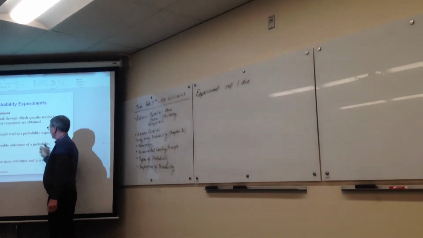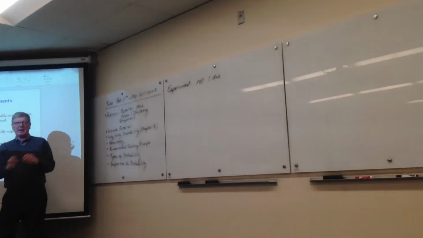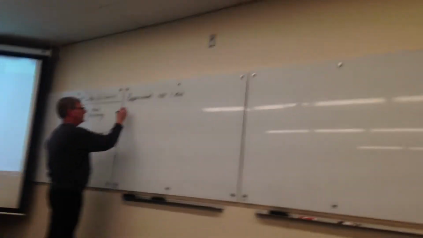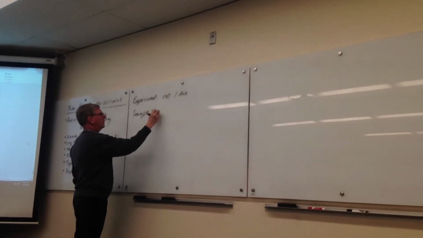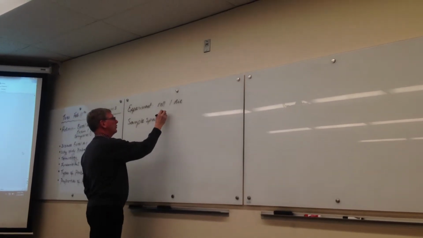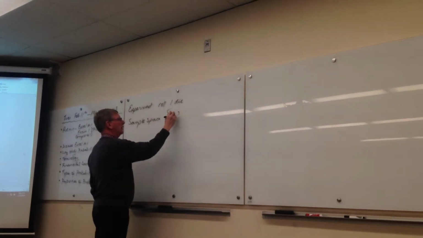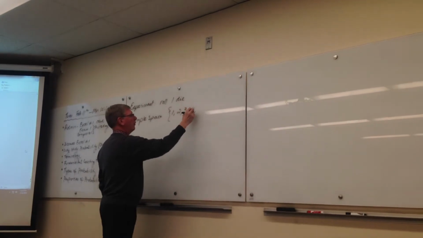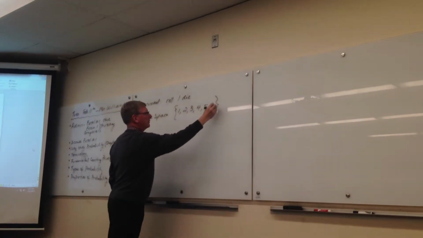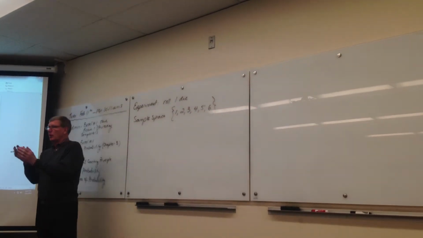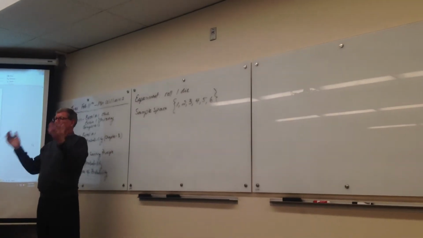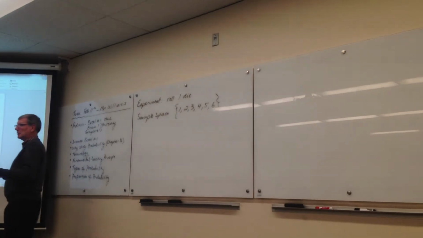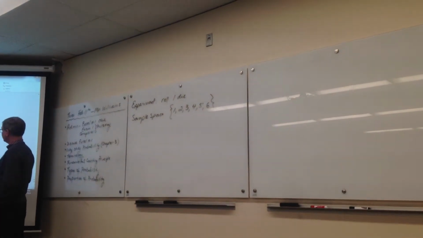Now, the possibilities are defined by the sample space. My results could be a 1, a 2, 3, 4, 5, or 6. So the sample space is all the possibilities that define how the experiment can possibly end.